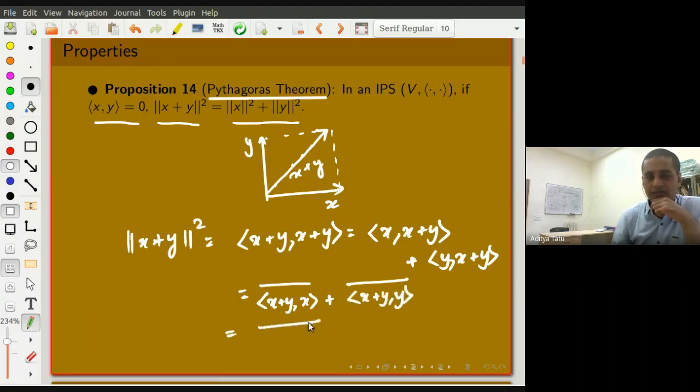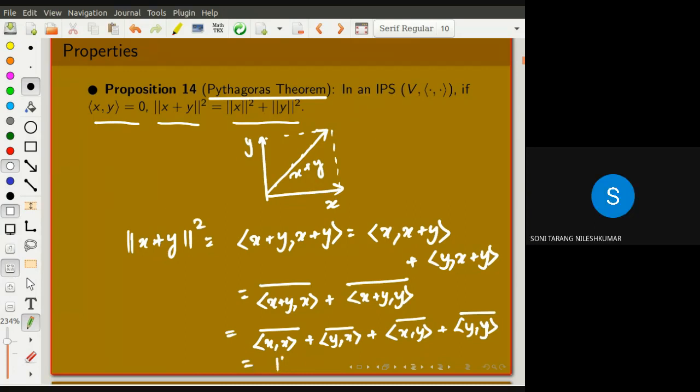Now I can use linearity in the first argument, and of course, complex conjugate: a plus b complex conjugate is equal to a complex conjugate plus b complex conjugate. And then here, what is x inner product x, complex conjugate?